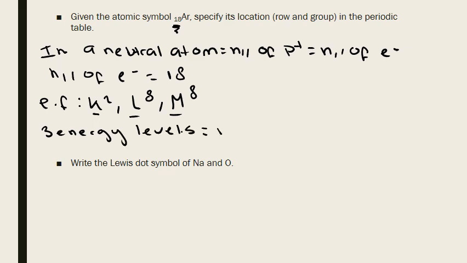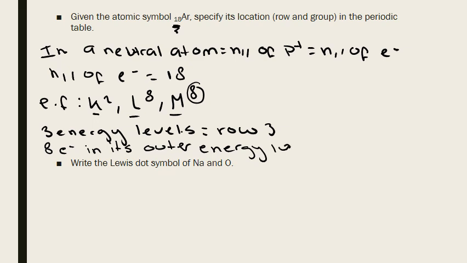That means it's in row 3, and since it has 8 electrons in its outer energy level, it means it's in group 8.